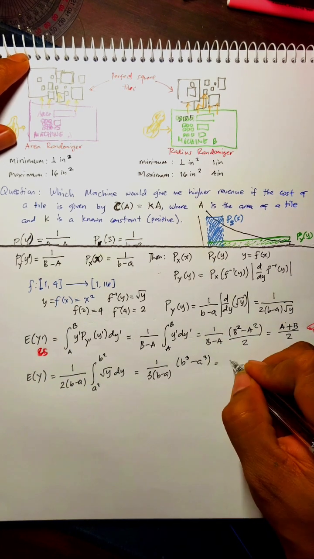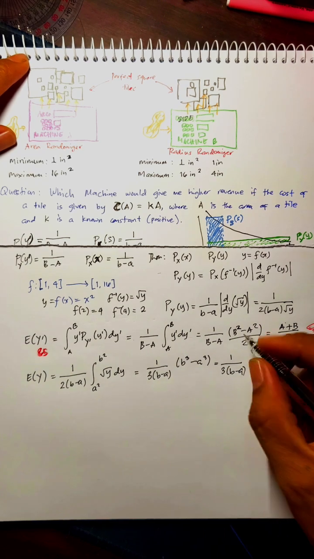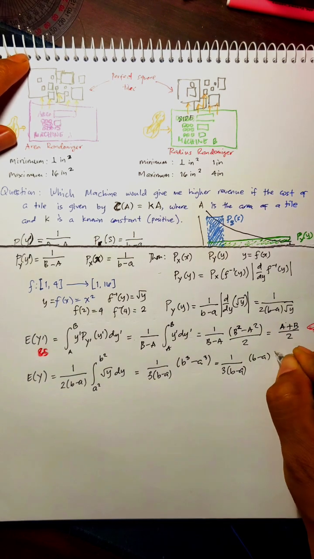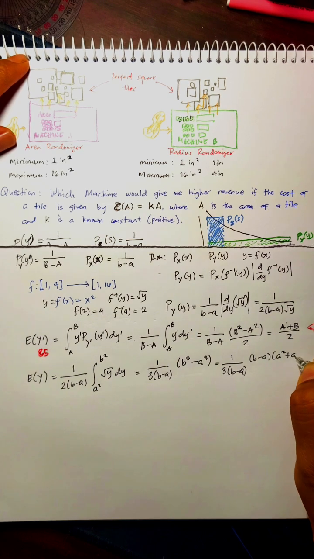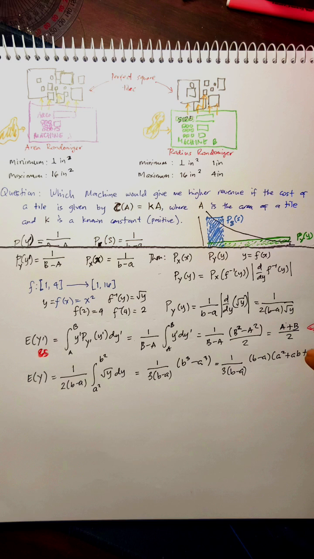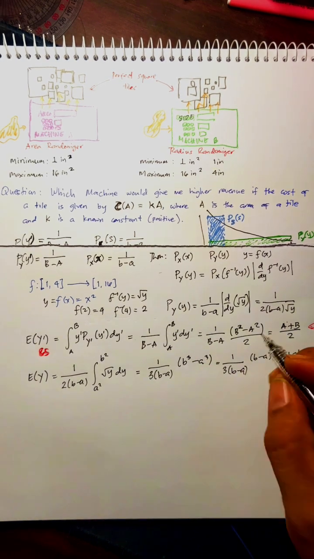Then this can be factored out as 1 over 3 times (b minus a) times (a squared plus ab plus b squared). This is a known factoring of b cubed minus a cubed.